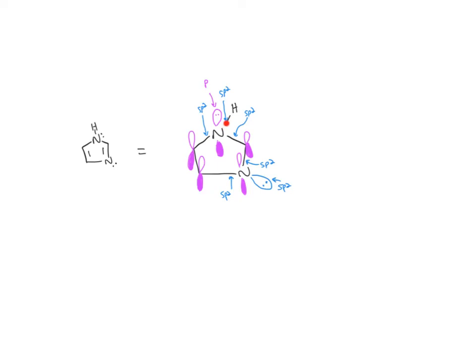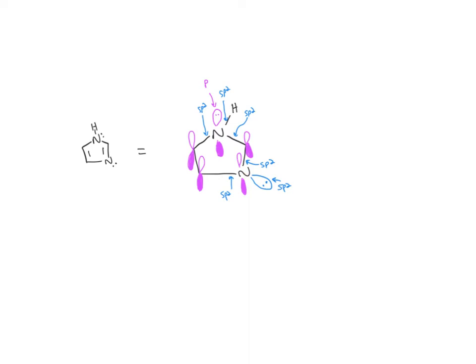So this sp2 orbital is overlapping with the hydrogen's s orbital. This sp2 orbital is overlapping with this carbon's sp2 orbital to make this sigma bond. And the nitrogen's sp2 orbital on this side is overlapping with this carbon's sp2 orbital to make this bond. So that's why these are mentioned as sp2, because it's using its sp2 orbitals for those three, and then its p orbital has the lone pair.